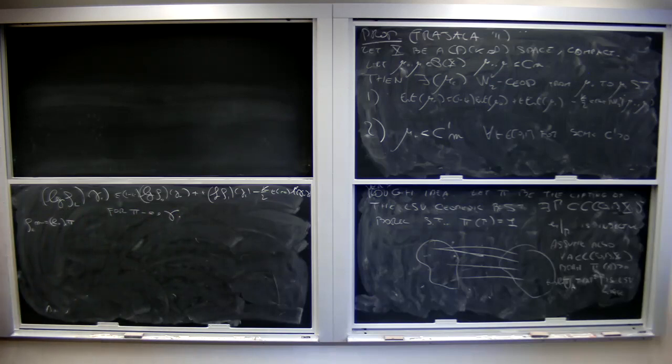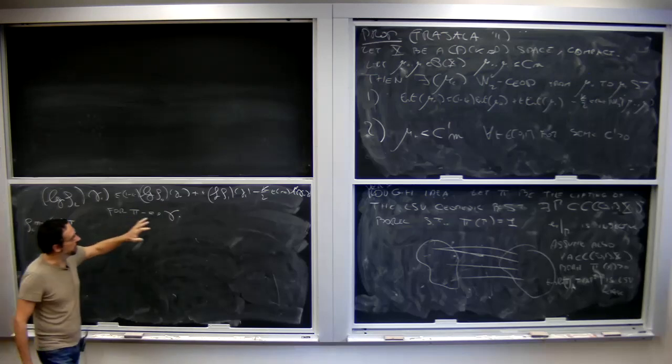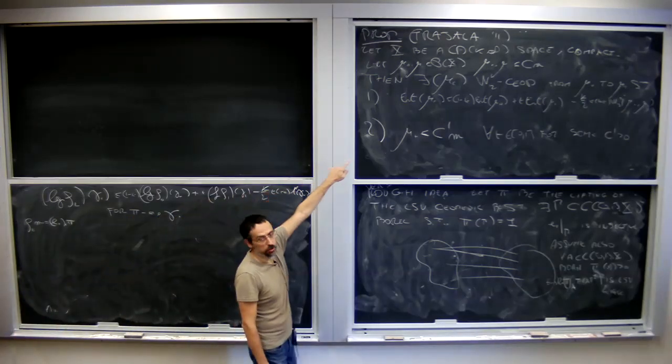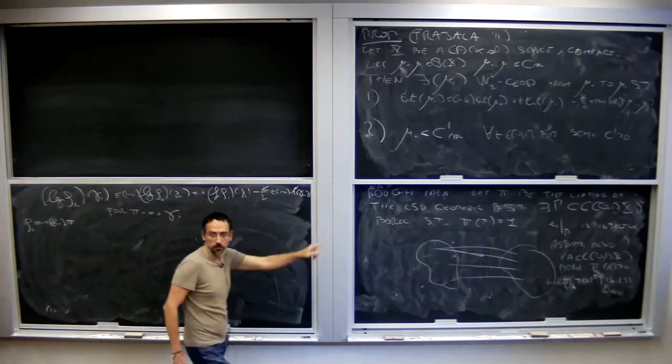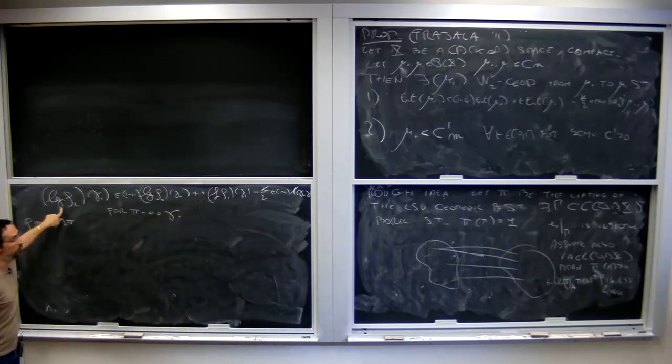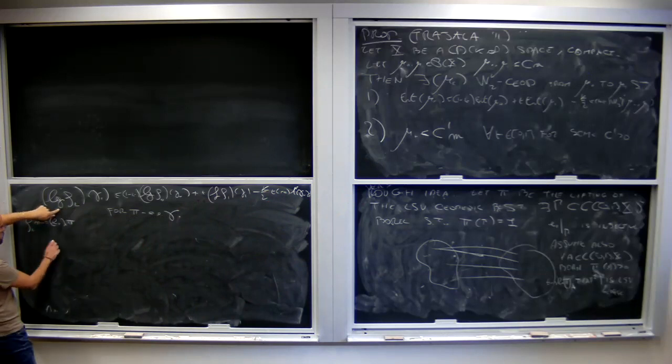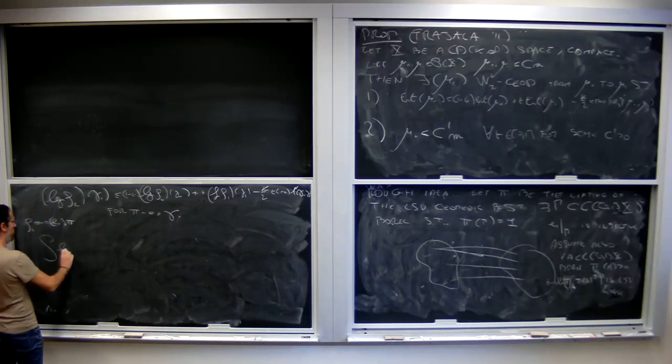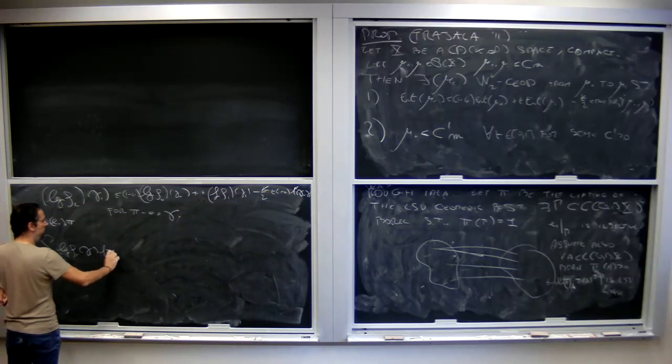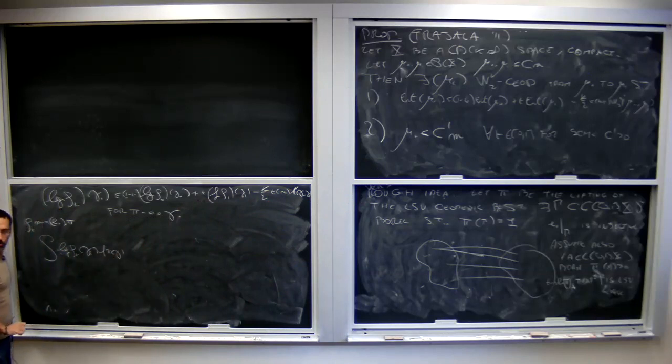Let me comment for a second on this inequality. First of all, it should be clear that this inequality is the pointwise version of (1). If you integrate with respect to pi, let's look, for instance, at the left-hand side: the integral of log rho_t(gamma_t) d pi(gamma).